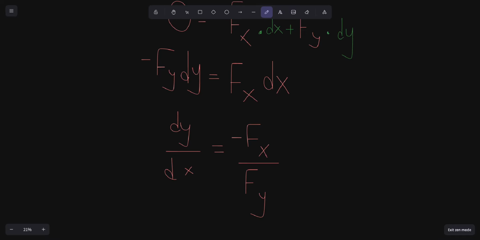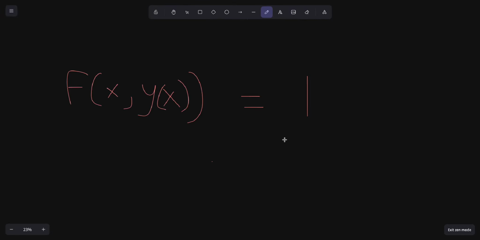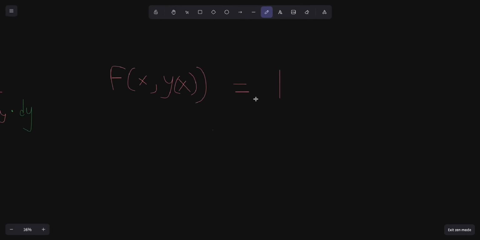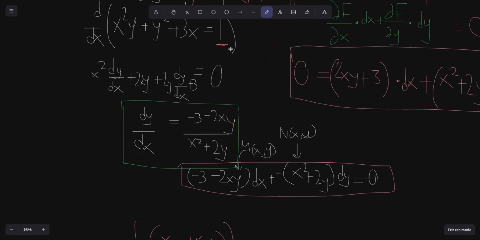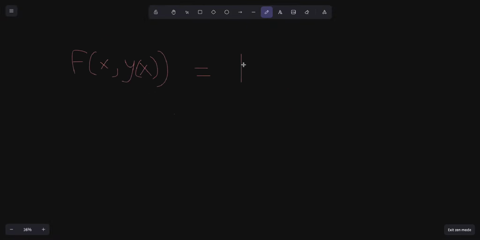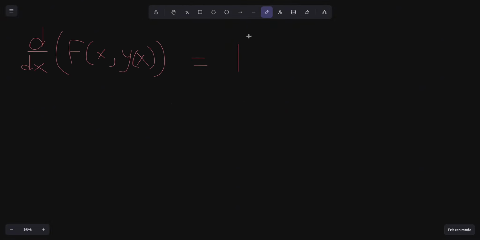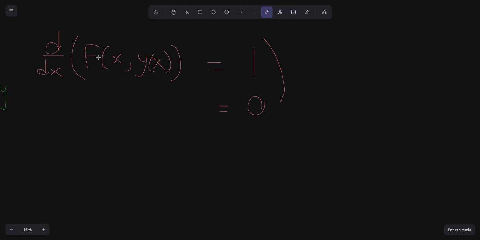Now, let's take a look at what happens if we try to do this with the chain rule. So once again, we have a multivariable function. In this case, for our example, this is equal to 1. And let's try to differentiate both sides with respect to x. So of course, on the right-hand side, we get 0. And on the left-hand side, we're just going to get the partial derivative with respect to x plus, because y is a function of x, we can use the chain rule, right?